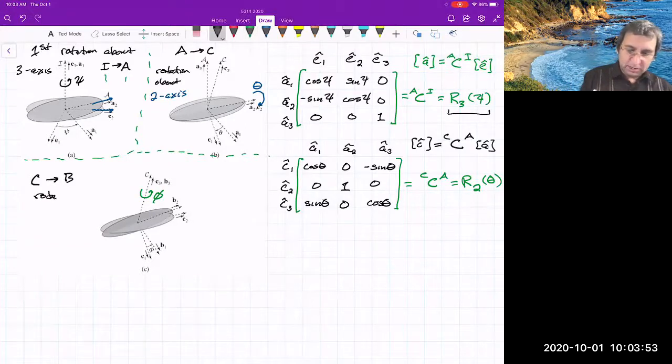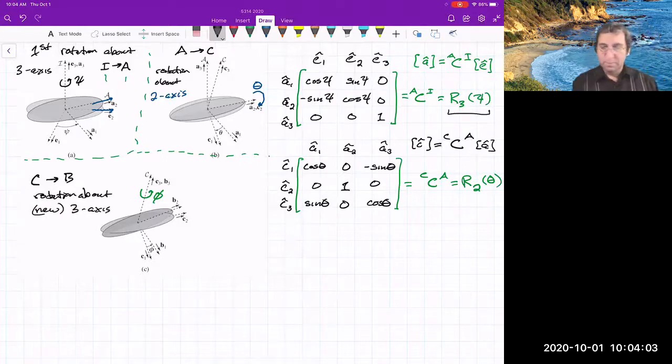So this is now a rotation about a new direction, the new 3 axis. Over here, this is also rotation about the new number 2 axis. And just like before, we're going to write the B unit vectors as related by a rotation matrix from the C unit vectors to the B unit vectors times the C unit vectors.